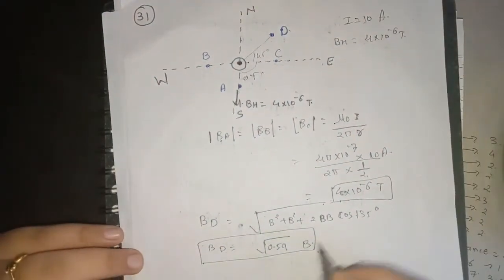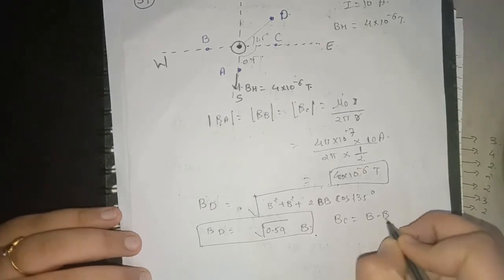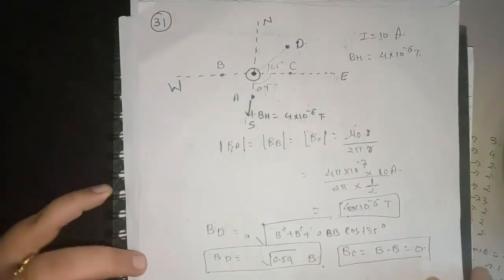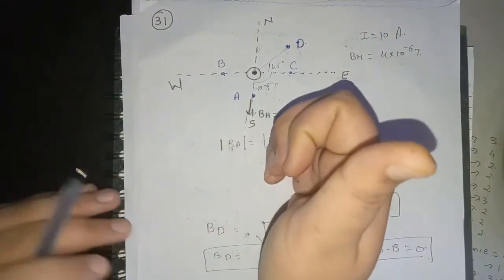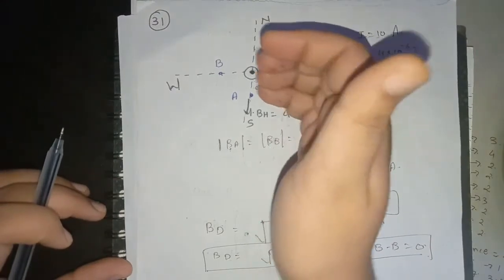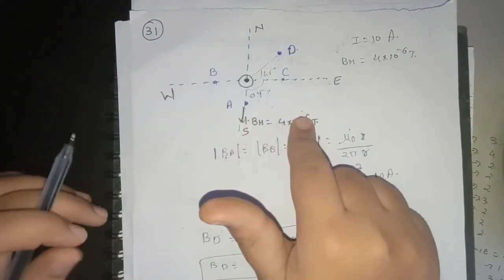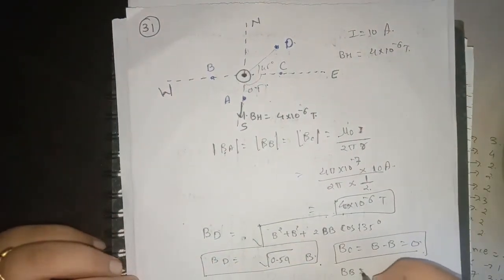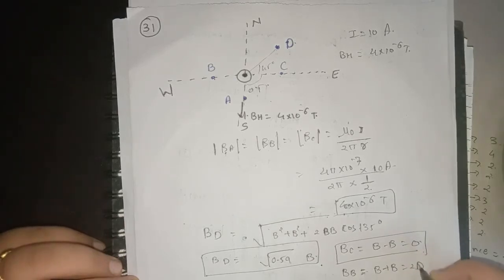So net magnetic field at point C will be B minus B, that is 0. Now the magnetic field at B due to the current carrying conductor is in the downward direction, and magnetic field due to Earth is also in downward direction. So magnetic field at B is equal to B plus B, that is 2B.